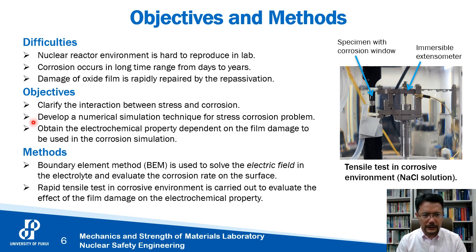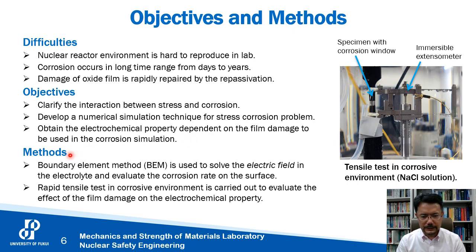Then we need an electrochemical property for the corrosion simulation. So we have to obtain the electrochemical property dependent on the film damage to be used in the corrosion simulation.